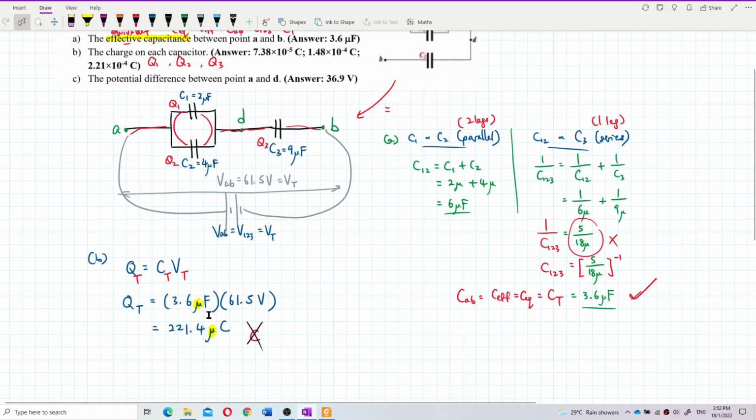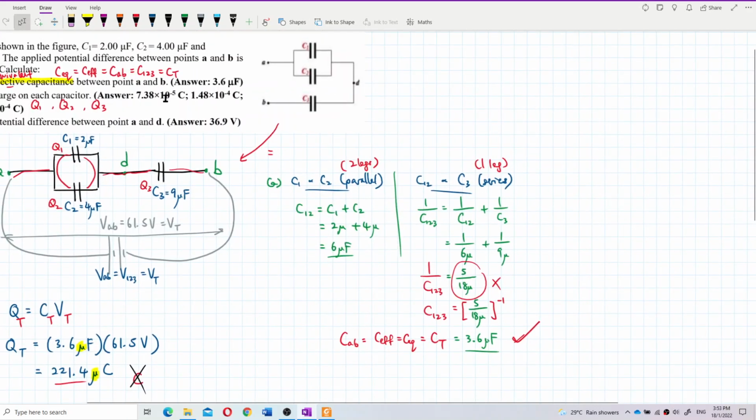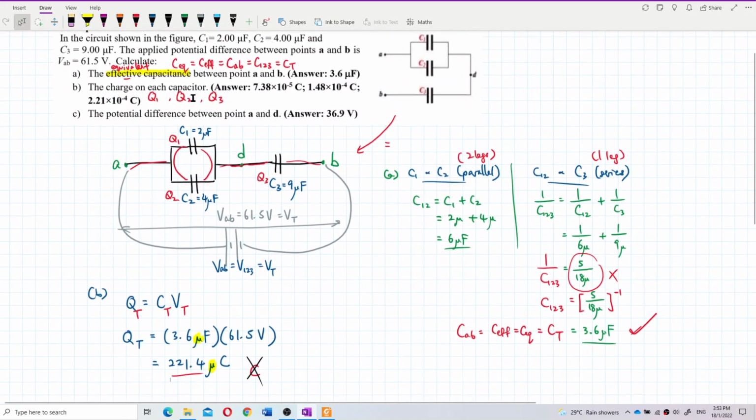Be careful with your unit. This micro is like exponent -6, so you must be careful. So that's my total charge. I need to find the charge on each capacitor.